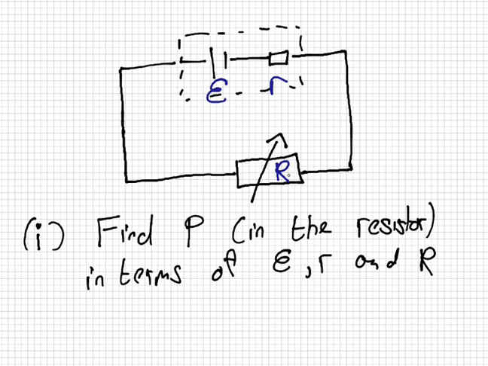But for the moment, it's big R. I'll give you a minute to try that. I want you to get me a formula for P. And you can use P equals IV, you can use P equals I squared R, you can use the two formulas I did yesterday. Try to put them together to give me a formula for P with E, R, and r in it.